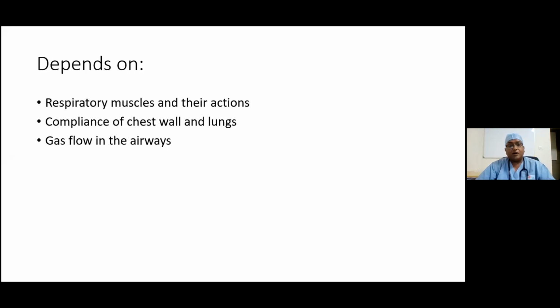One is how the respiratory muscles are involved in breathing, and how the compliance of chest wall and the lung affect the breathing, and how the gas flows in the airway.